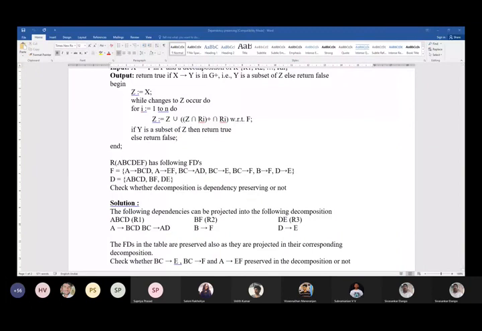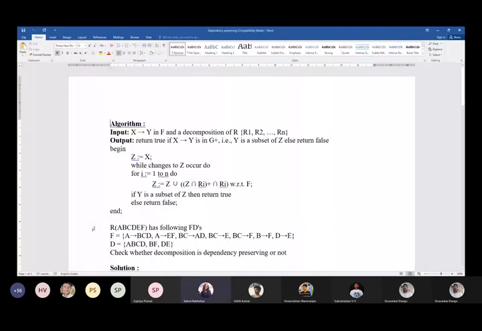So I hope the problem is visible, right? This document is about checking whether the dependency is preserved in a decomposition. There are two properties of decomposition. The decomposition should be a lossless decomposition, and the second condition is that the dependencies among the attributes in a relation should be preserved in a decomposition, right?